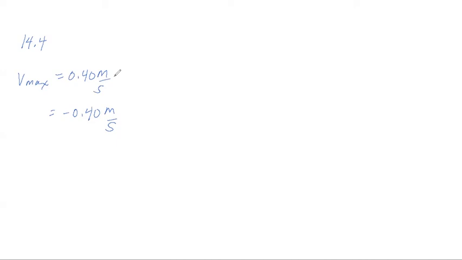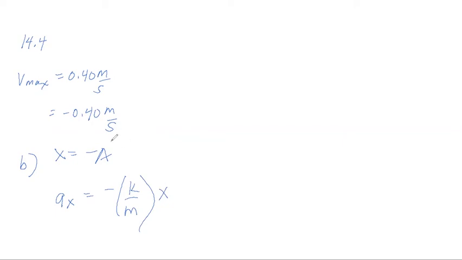Okay, so now for part B. The glider's maximum acceleration occurs at the most negative value of x. That is x equals negative A. Our equation here is a sub x equals negative k over m times x.